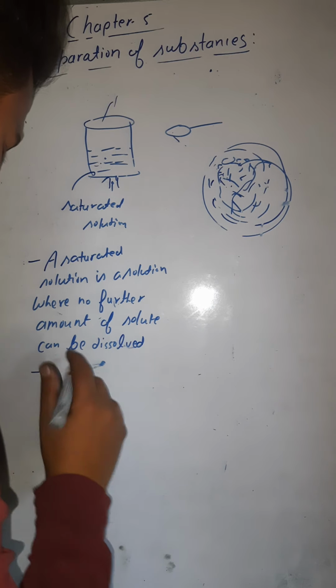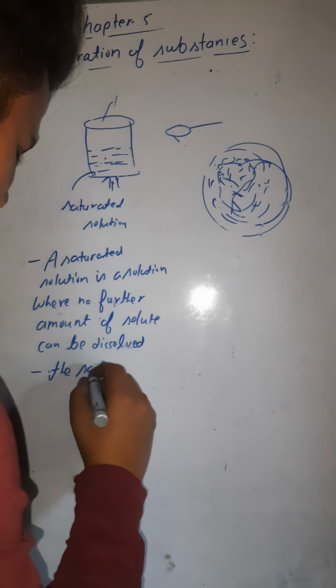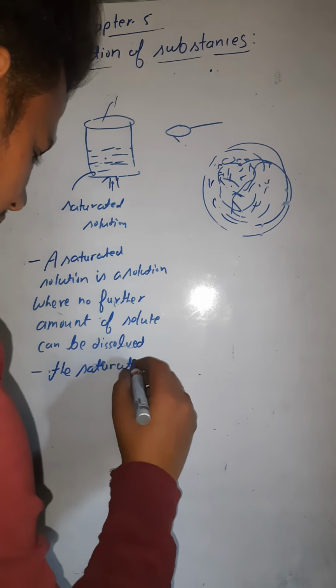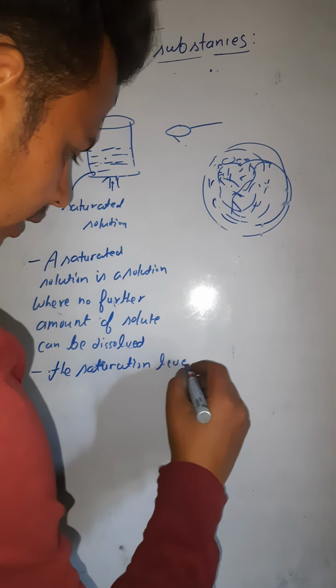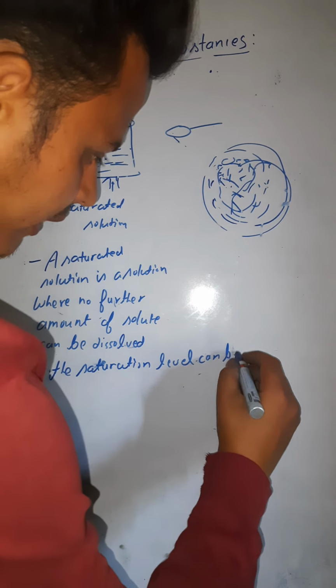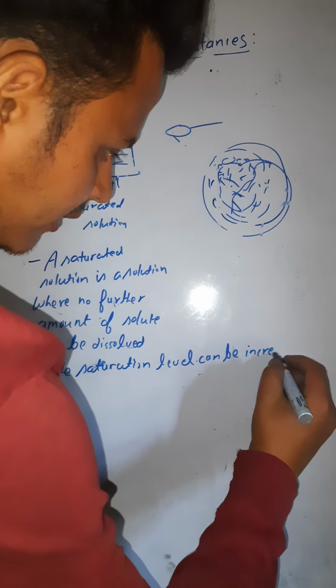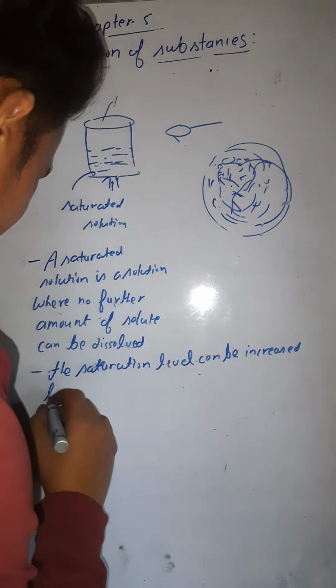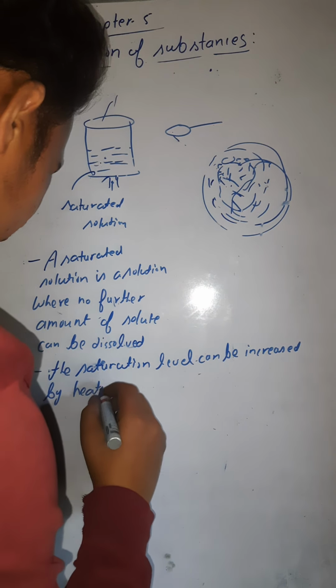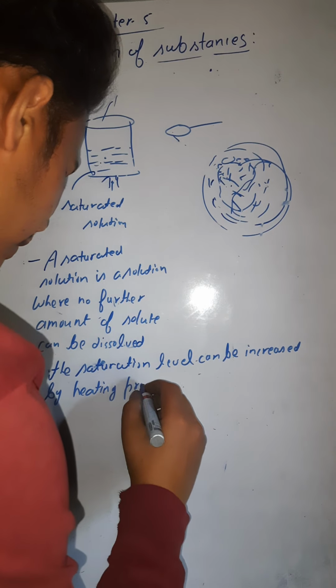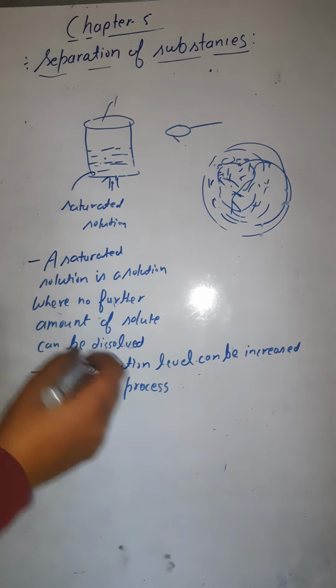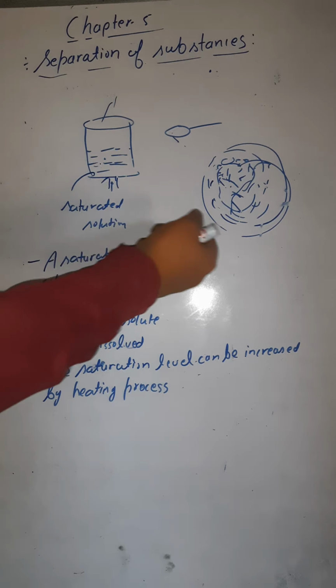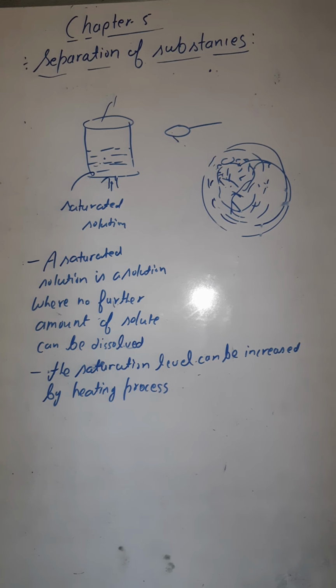You can write: the saturation level can be increased by heating process. If you heat this solution, again you can dissolve the 6th spoon also there.